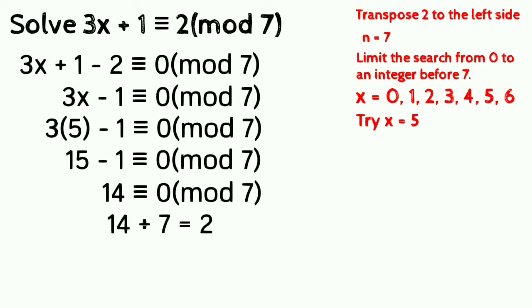Since 14 is divisible by 7, then x is equal to 5 is a solution. Therefore, the value of x is equal to 5. And x is equal to 5 is the solution for this problem.